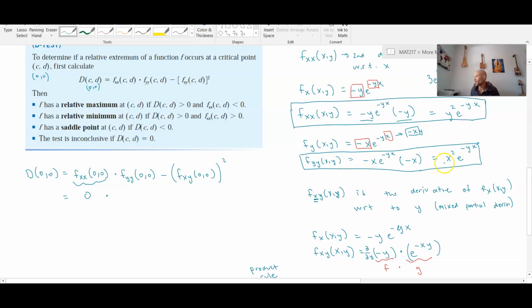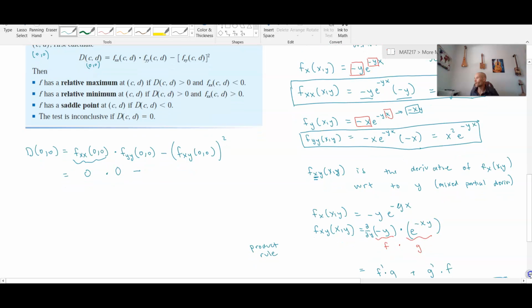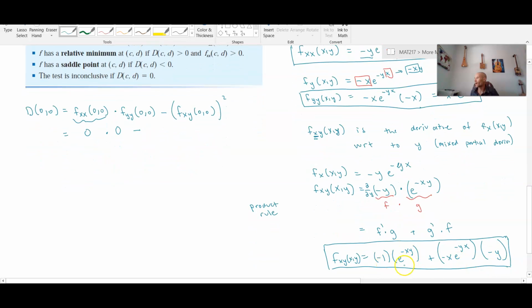Well, it's going to be 0 squared times e to the 0, that's going to be 0, minus our f sub xy evaluated at 0, 0. So if I plug in 0 for x and y here, that will give me negative 1 times 1 is negative 1.